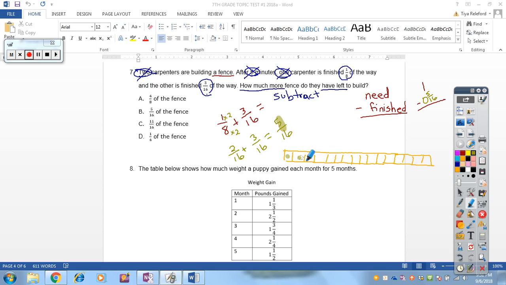So 1, 2, 3, 4, 5. How many 16ths is left? So that's 11. 11 what? 11/16, right? 5/16 is done. You've got 11/16 left.